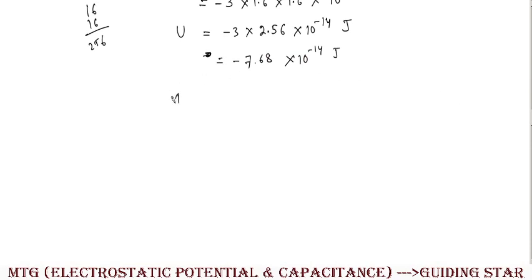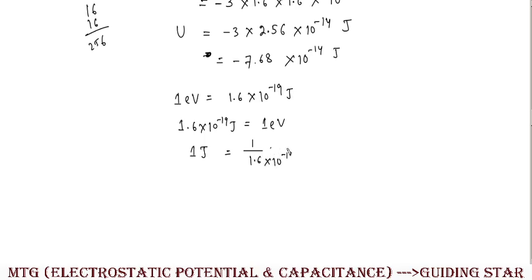So we know that 1 electron volt is equal to 1.6 into 10 to the power minus 19 joule, clear. So if that is the case, then 1.6 into 10 to the power minus 19 joule equals 1 eV. That we need to know. That means 1 joule will be equal to 1 by 1.6 into 10 to the power minus 19 electron volt, and we want to calculate this value.